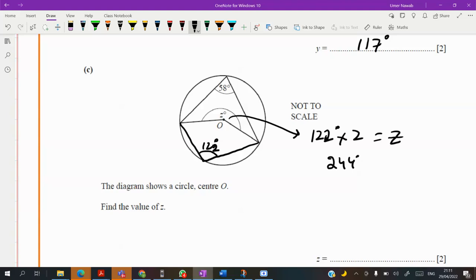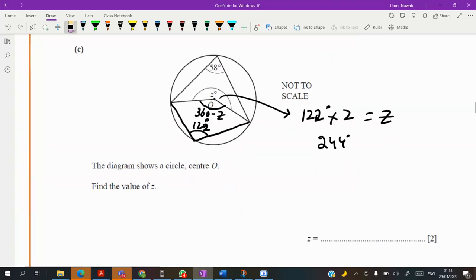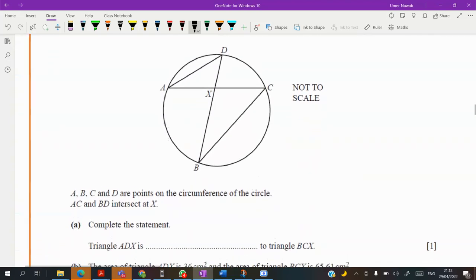This is one way of solving this question. The second way is you can find this angle first, which is 360 minus z, and you know that 360 minus z will be equal to twice 58, and it will give you the same answer, 244. This question might be very important for you.